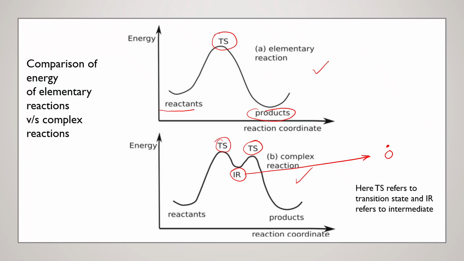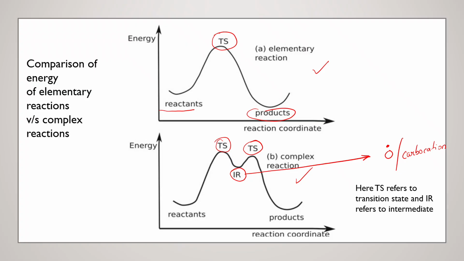Such entities are unstable and they last very briefly, but they can be isolated in a reaction. Another example of an intermediate is a carbocation, which we will talk about in detail under organic chemistry.